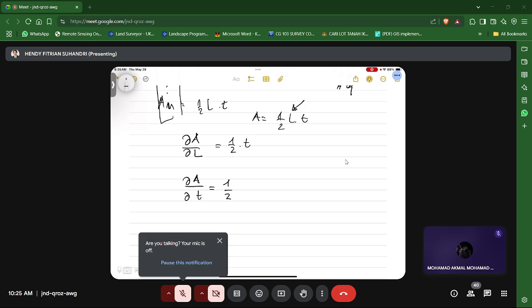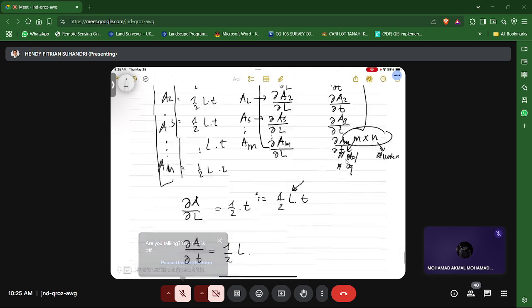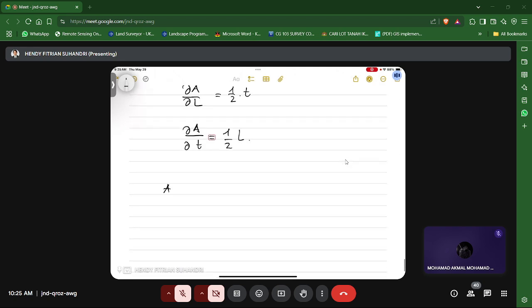So we have half of L. So what do we have here? In this equation, the matrix A would be something like this: half of T, half of L. Half of T, half of L. Half T, half L, and so on, the same. But the only difference here is the approximate value of T and L.